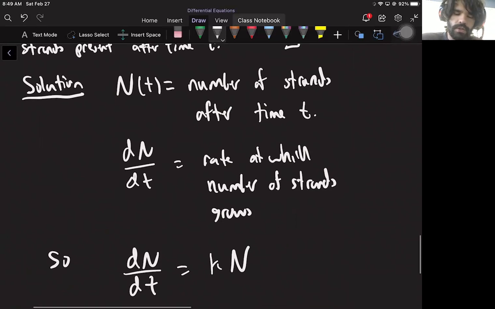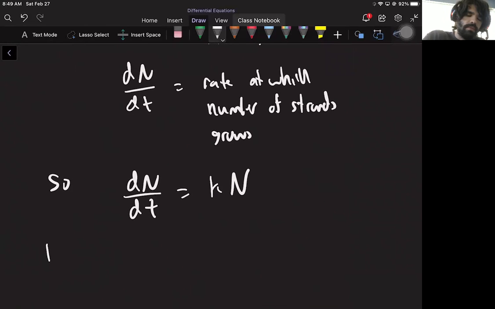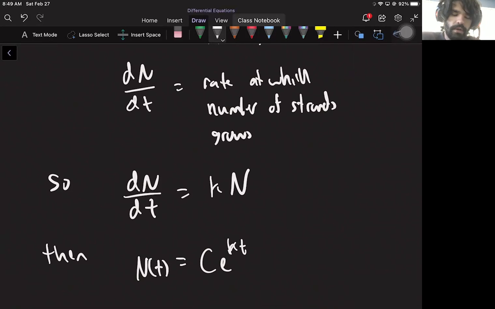So it's the same differential equation as before, so it still is solved the same way. So I don't really have to show it every single time. I will keep it as n of t though, just to remind us that it's a function of time.